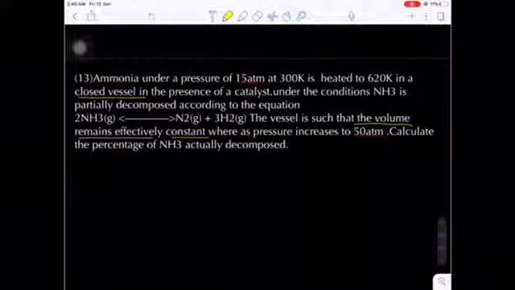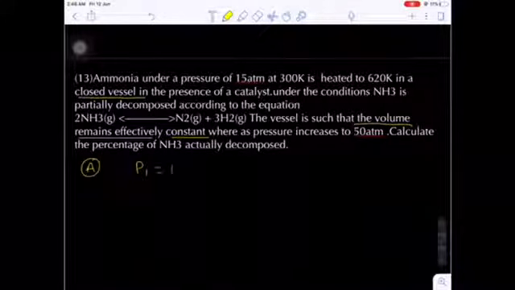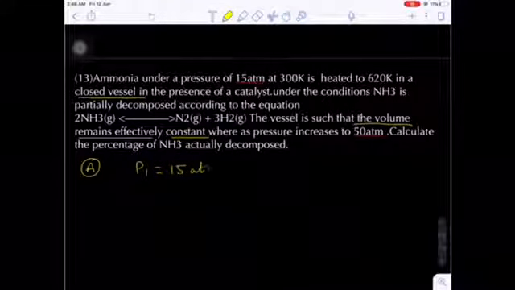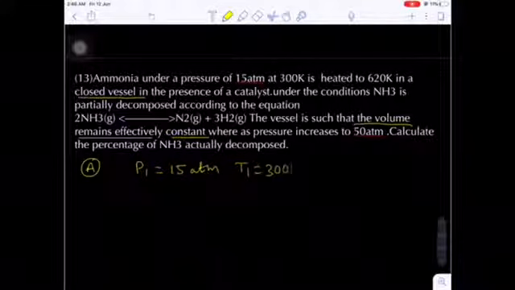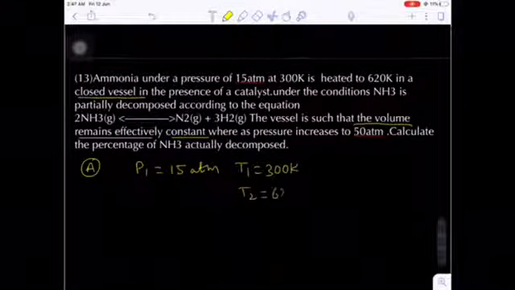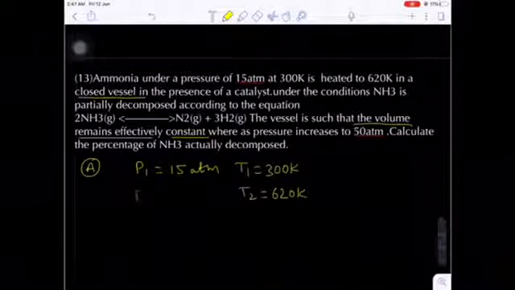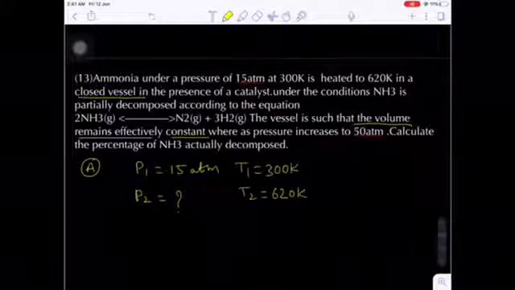Now first of all, what I am doing here: initial pressure given to you is 15 atm. Initial temperature is 300 Kelvin. Now the container is heated to 620 Kelvin. Then what about the pressure of ammonia? Remember, it is still in the form of ammonia only, not dissociated.